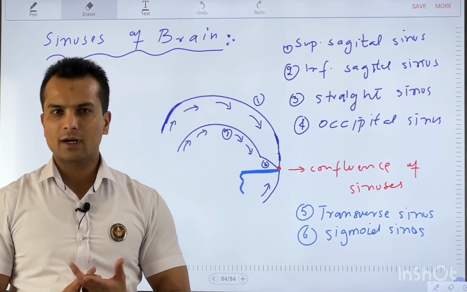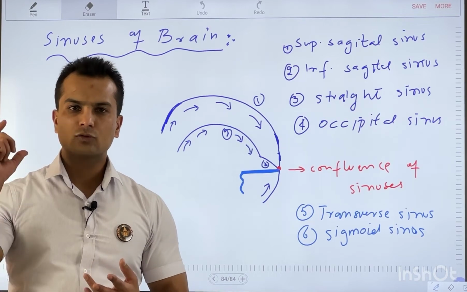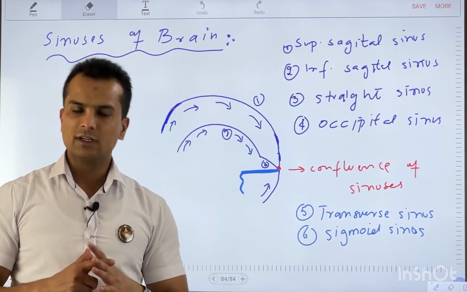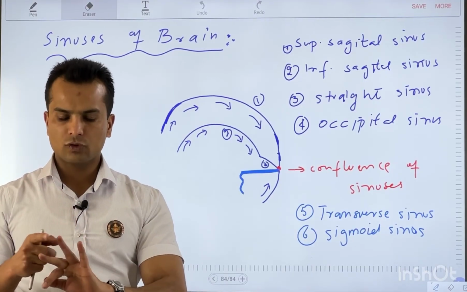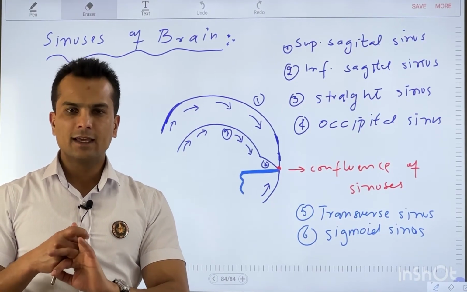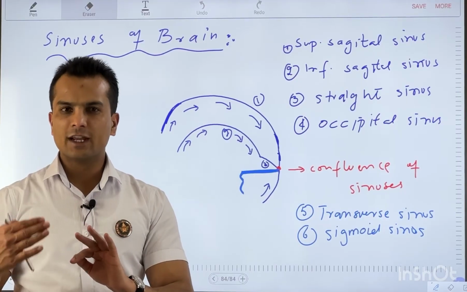It is also receiving blood from the cerebral veins and then through meningeal veins. So it is receiving deoxygenated blood from the eyeball, from the brain, and from the meninges, and then it is draining the blood.